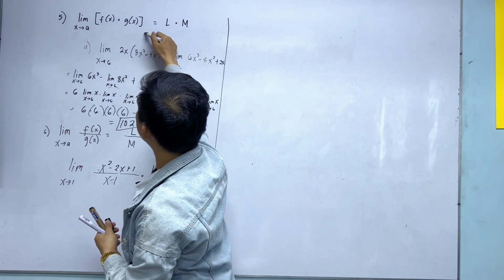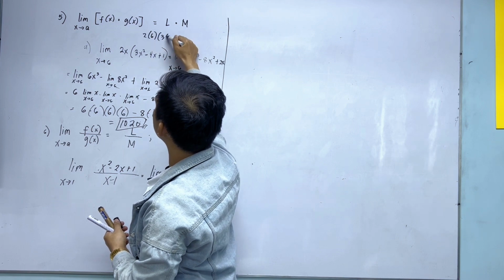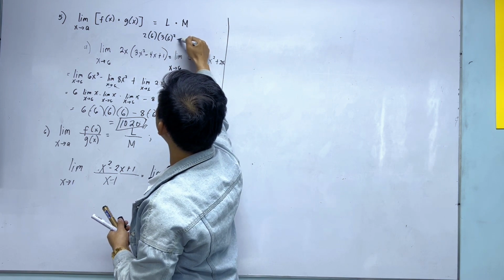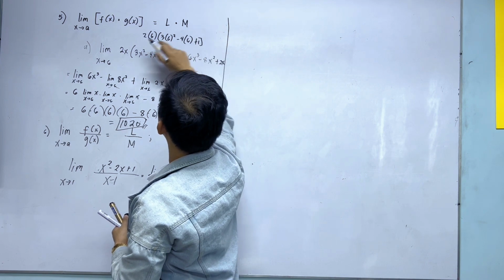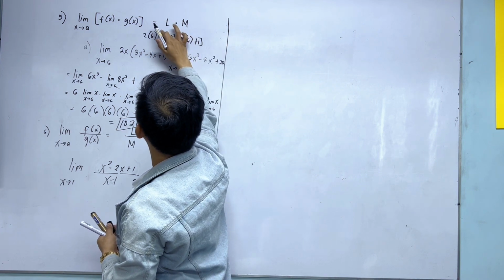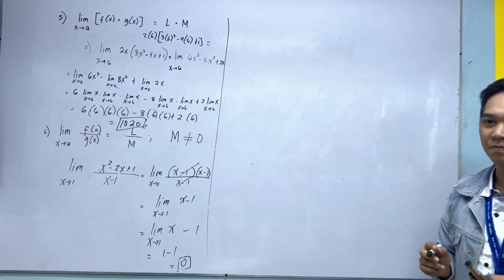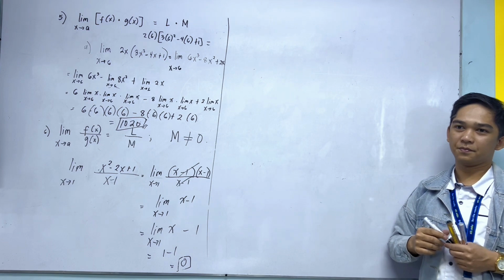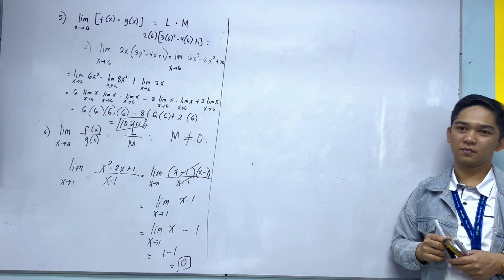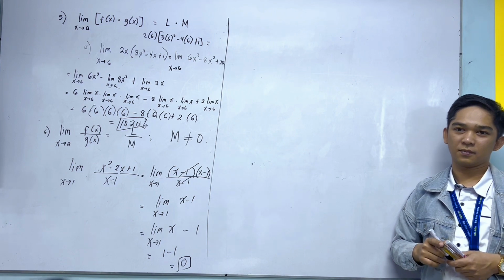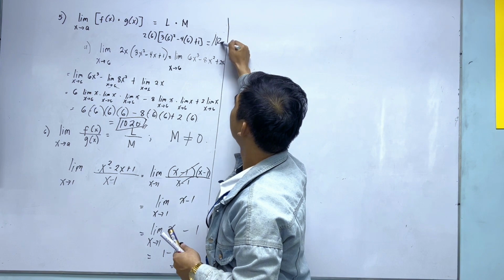Try nyo nga ito, magiging 2 times 6 times 3 times 6 squared minus 4 times 6 plus 1. Dapat 1,020. Tama, sir. 1,020.